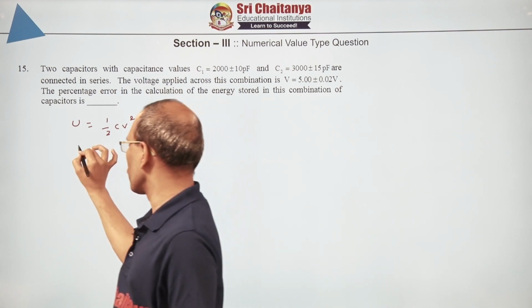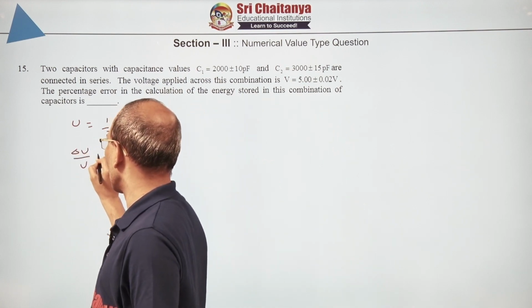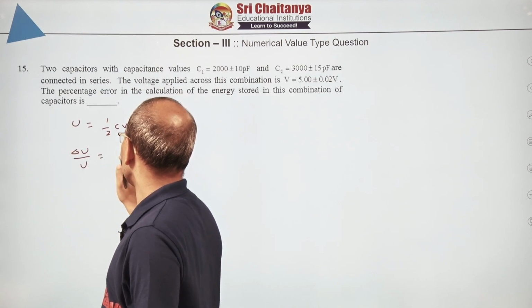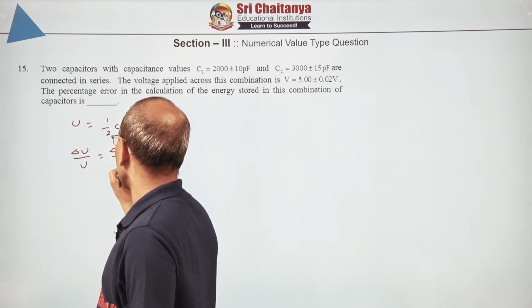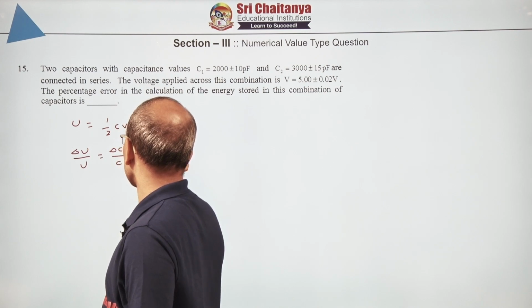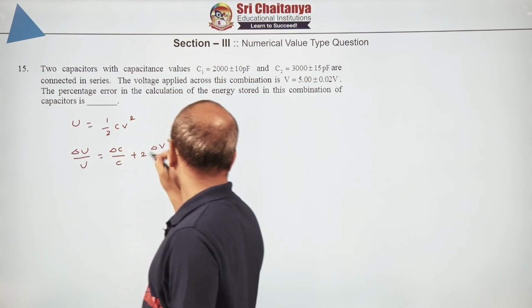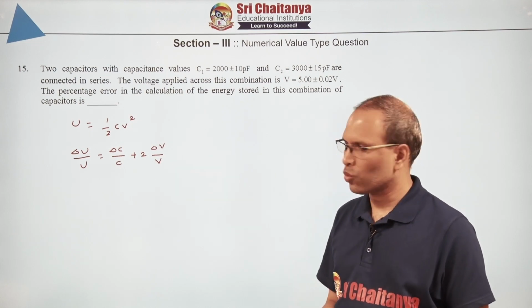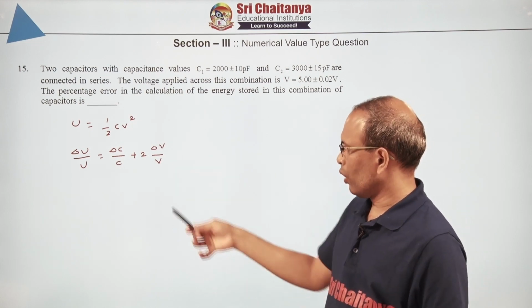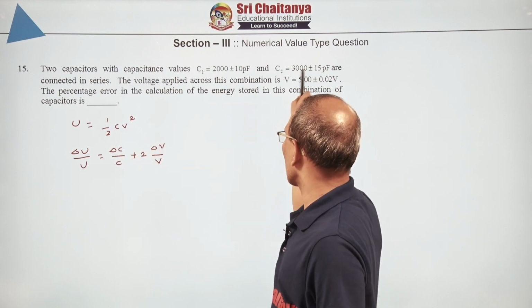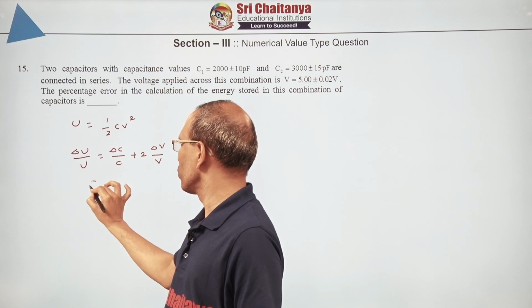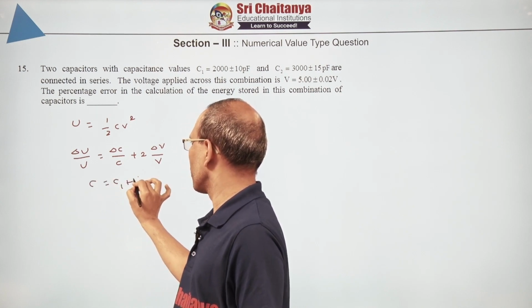Simply we can write delta U by U equal to delta C by C plus 2 times delta V by V. Delta V and V are given to us, and now we have to calculate delta C and C values. Let the effective capacitance of this combination be C.